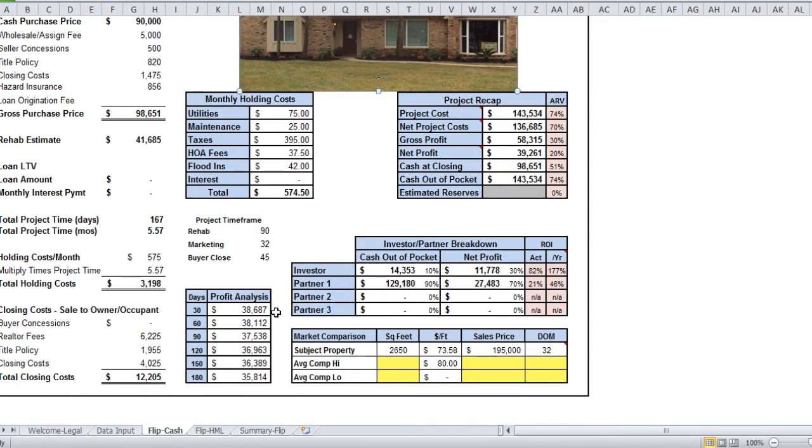You'll also note that under the cash scenario, we have the same analysis, where you have your original profit, then your monthly holding cost, and how the profit goes down as you extend the project beyond your original estimate of 167 days. Finally, we're going to go to the deal summary comparative.